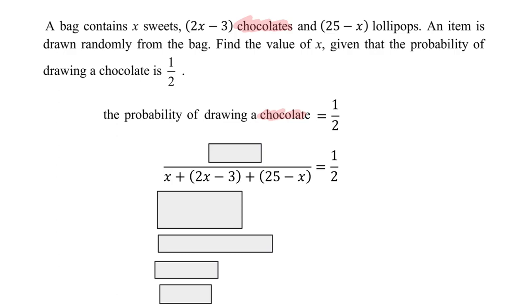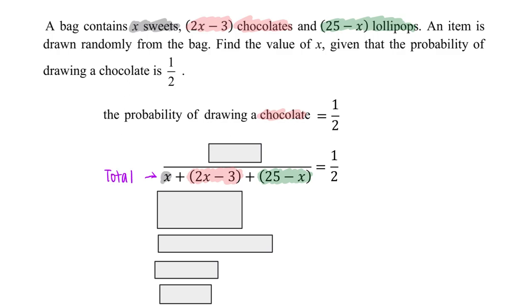So you must take note that this expression here, where I have X, plus my chocolates, the sweets, plus my lollipop. So this will be my sweets, my chocolates, and my lollipops, and I add them up. So this is what we call the total.